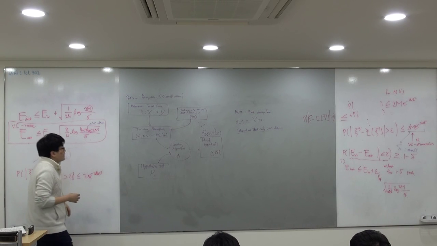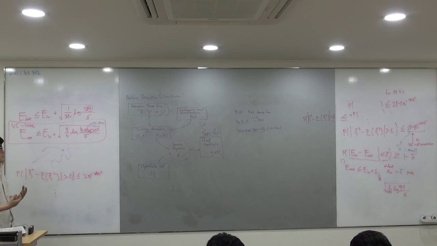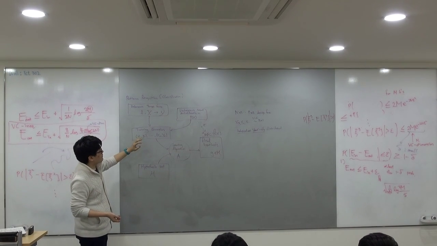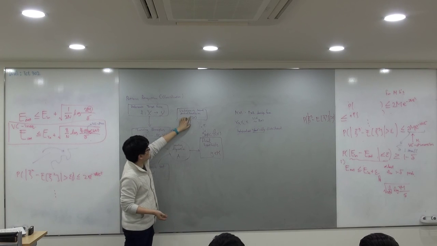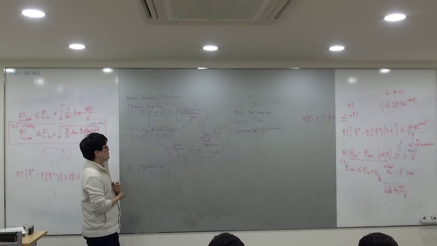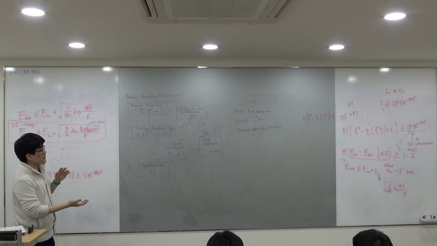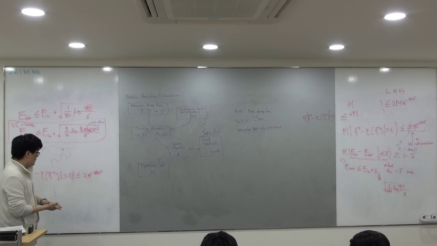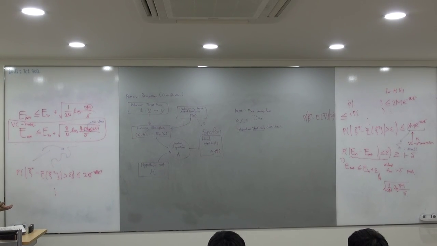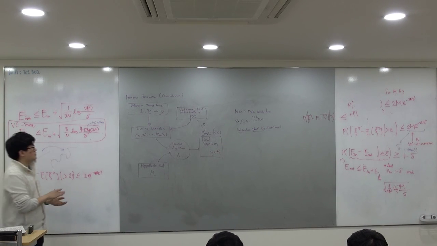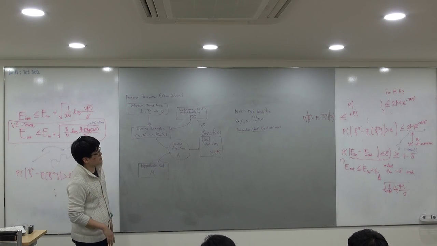And Hoeffding's inequality says that for any independent random variables, including the PDF for training data, the difference between your in-sample error and out-of-sample error is bounded by some exponentially decreasing function, exponentially decreasing according to the number of data samples.